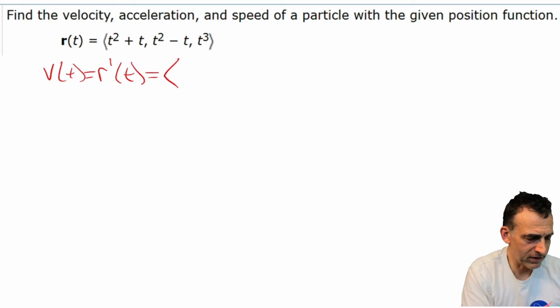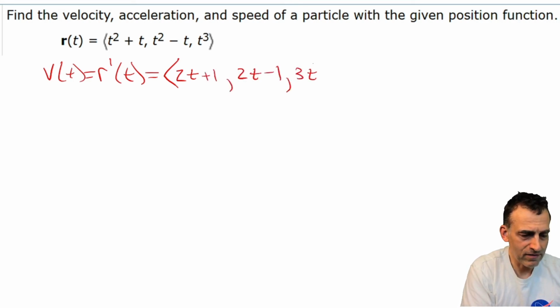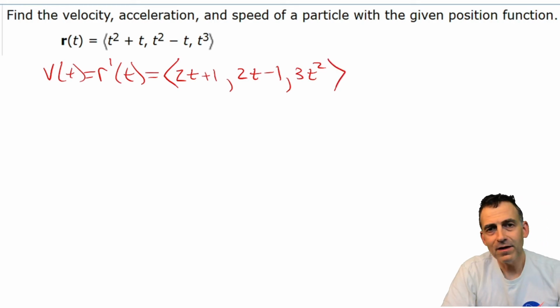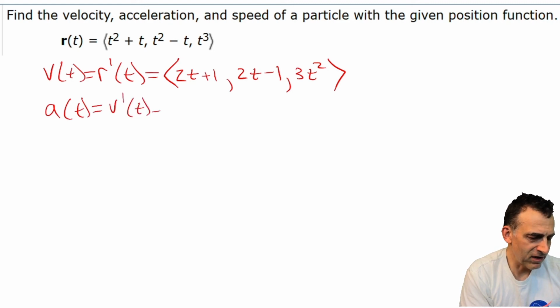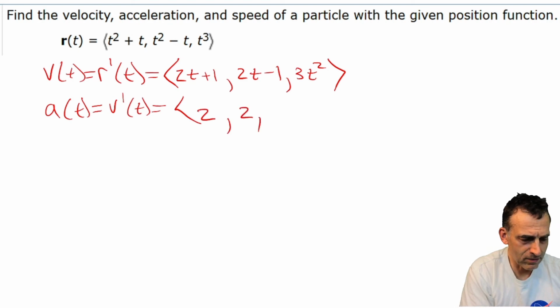So I have 2t plus 1, 2t minus 1, and 3t squared. Next, we'll do the acceleration. The acceleration is the derivative of velocity, and that's just 2, 2, and 6t.